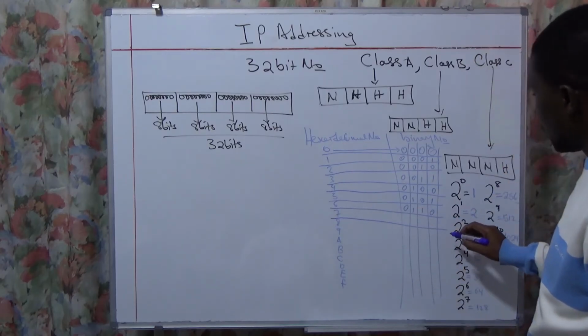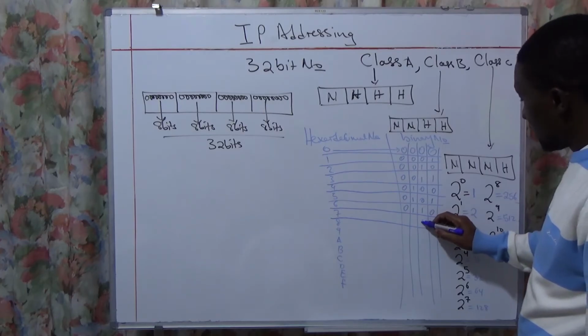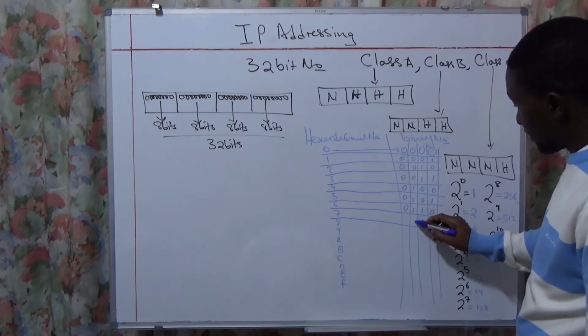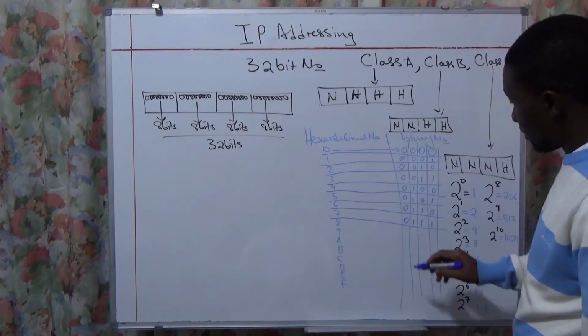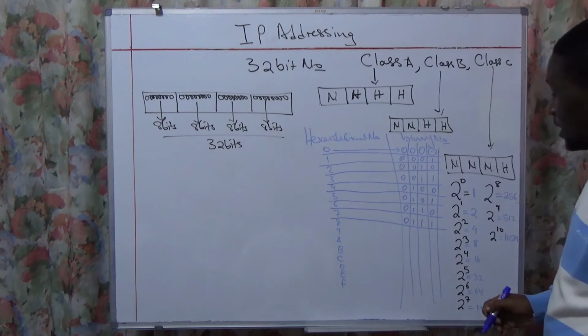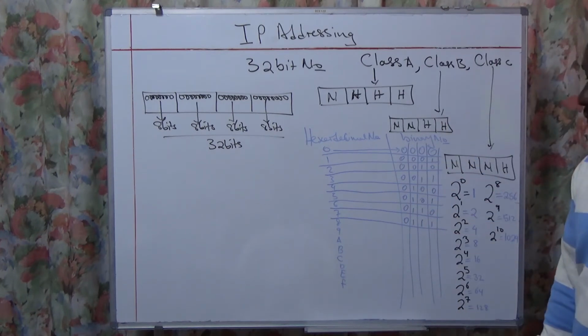And the 7 into binary will be 1, 1, 1, 0. What comes in your mind when you see this?